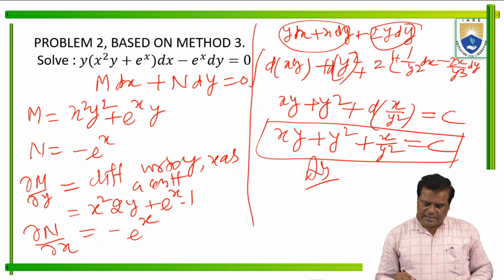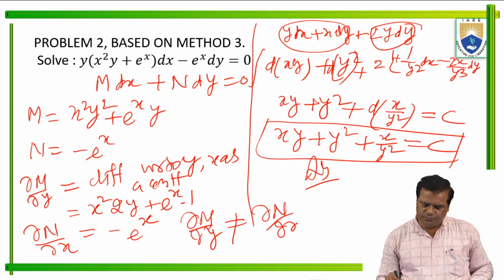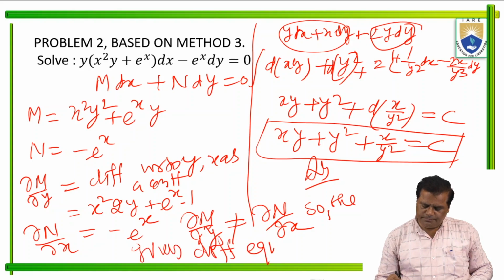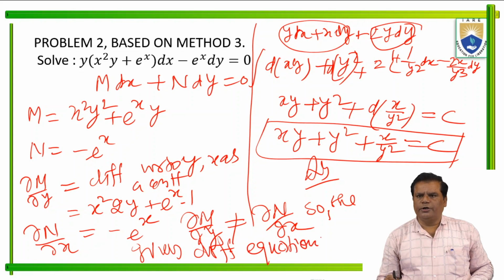So both results are not equal, del M over del y is not equal to del N over del x, so the given differential equation is not exact.